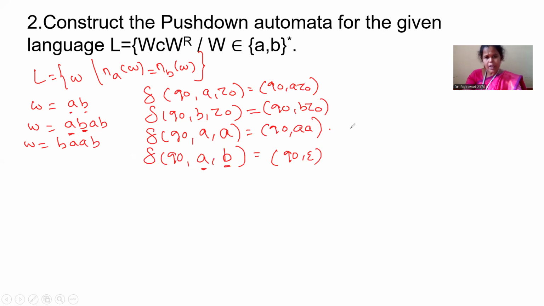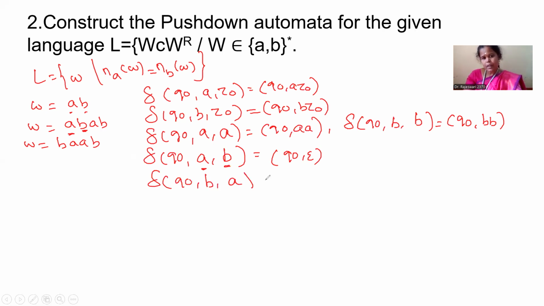Here we have to include one more: if on the top of the stack we have B and the input symbol is also B, that must be pushed into the stack. Then, the transition function of Q0 comma, if on the top we have A and B comes, it should be a pop operation. Clear?